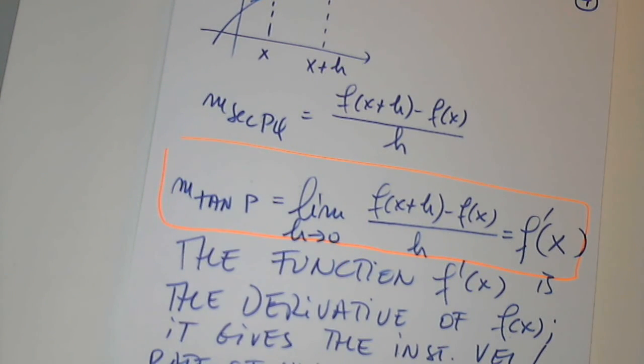The difference quotient. So we only have one definition for the derivative of a function, which is the limit as h approaches 0 of the difference quotient. That's why I tortured you with this from the very beginning. So the derivative function is the limit of the difference quotient when h approaches 0.